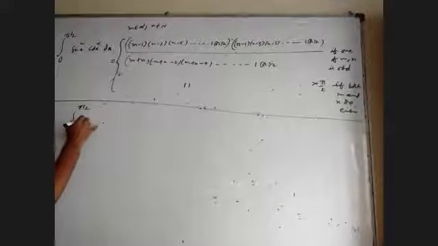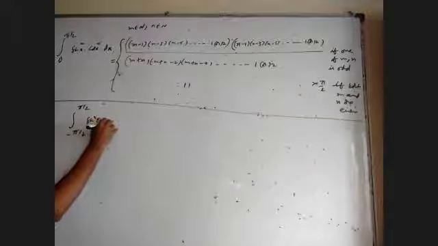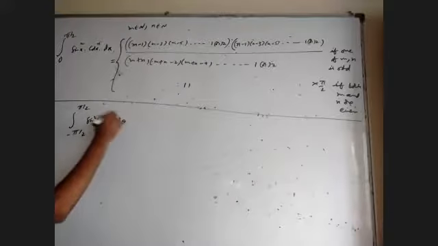Okay, I'll give some questions. Try to use this formula and write answers. Integral minus pi by 2 to pi by 2 sin square theta cos theta power 7 d theta.